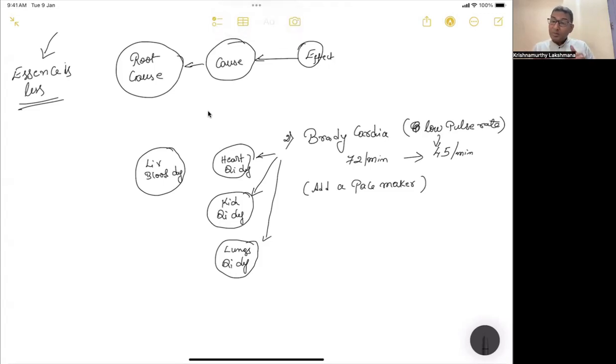So if liver blood is deficient, why is the liver blood deficient? Maybe liver heat, because there is excess heat in the liver. When blood is subjected to excess heat, what happens? The blood reduces. Like if you have sambar and if you heat it too much, what happens to the sambar?